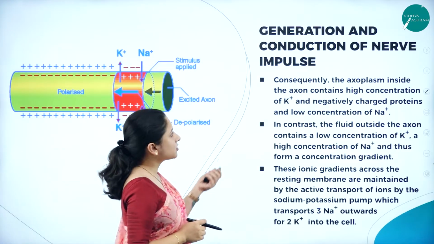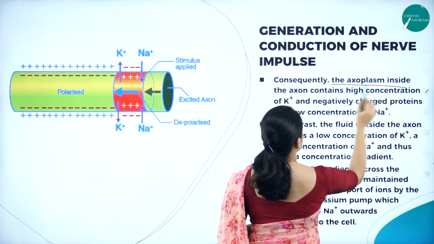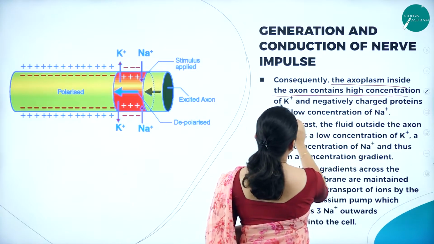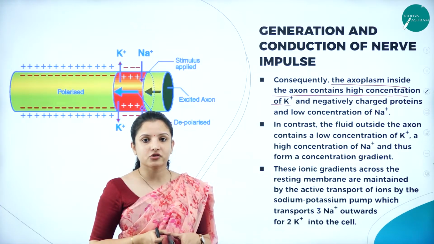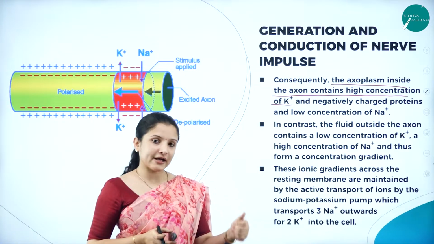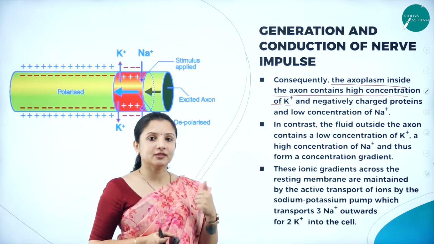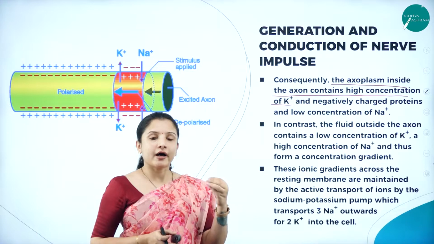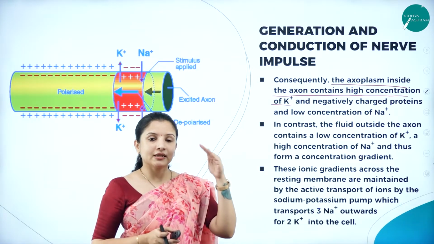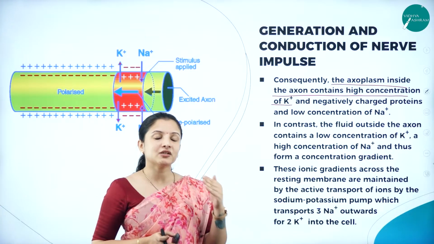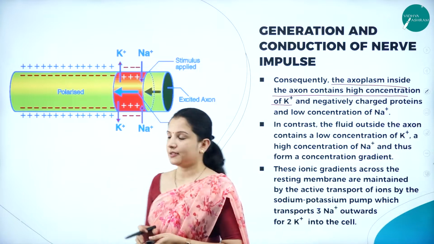So, next, consequently, the axoplasm inside the axon contains a high concentration of potassium. Why does it contain a high concentration of potassium? Because the axon is in the resting state, and the ion channels present on the axon membrane allow the penetration of the potassium ions inside the axoplasm.